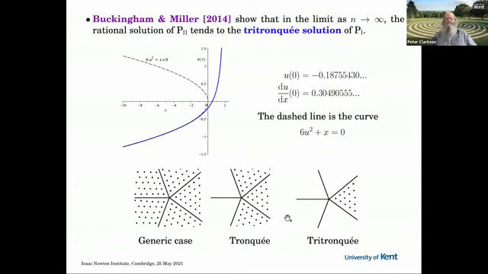It's well known that for the generic case of Painleve 1, there are poles throughout the complex plane. For tronquée solutions, they are only in 3 of the 5 sectors, and in the tritronquée, they're just in 1 sector alone. So you're getting this tritronquée solution of Painleve 1.